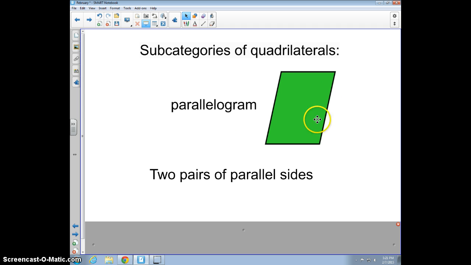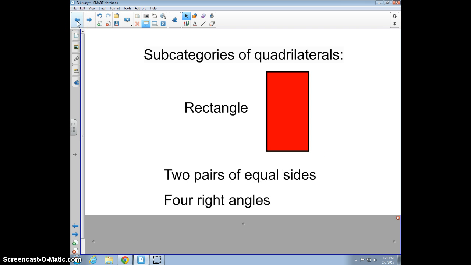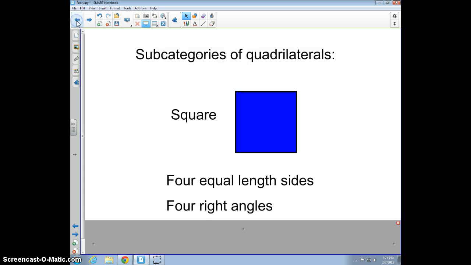Again, I want you to think about this. So this shape right here fits in the parallelogram category because these sides are parallel and these sides are parallel. So it has 2 pairs of parallel sides. But if we look at the subcategories earlier, a rectangle and a square, they both have 2 pairs of parallel sides, right?